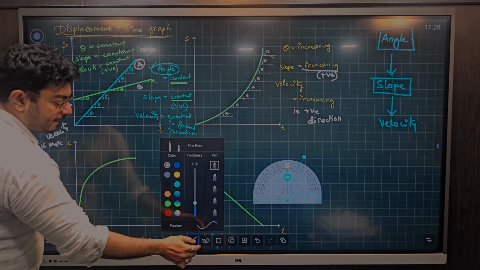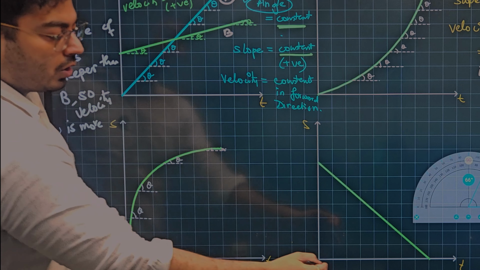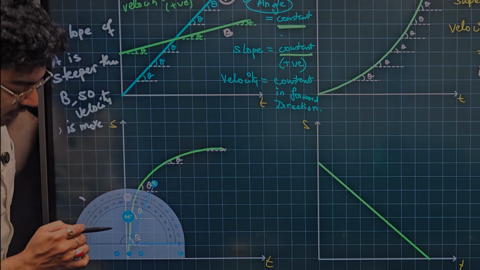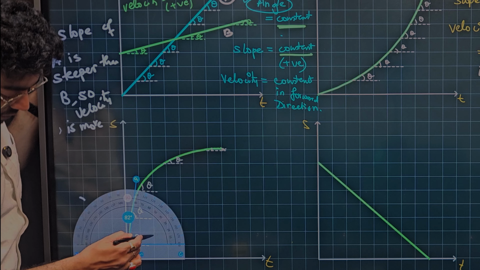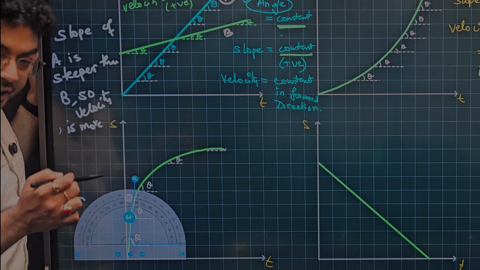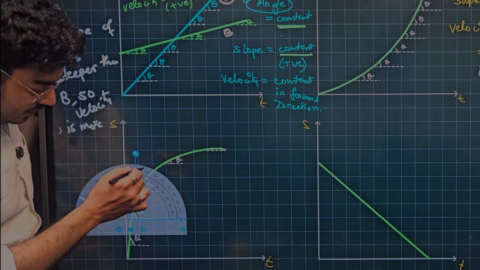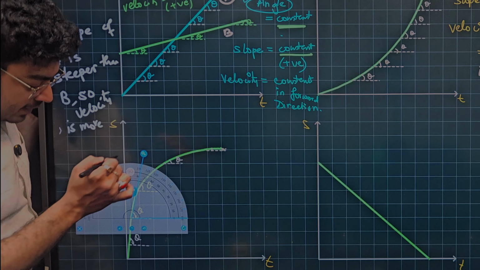Now the second one. Let's see. We are going to use the protractor. First see here, what is the angle here? 85. What is the angle here? 78.